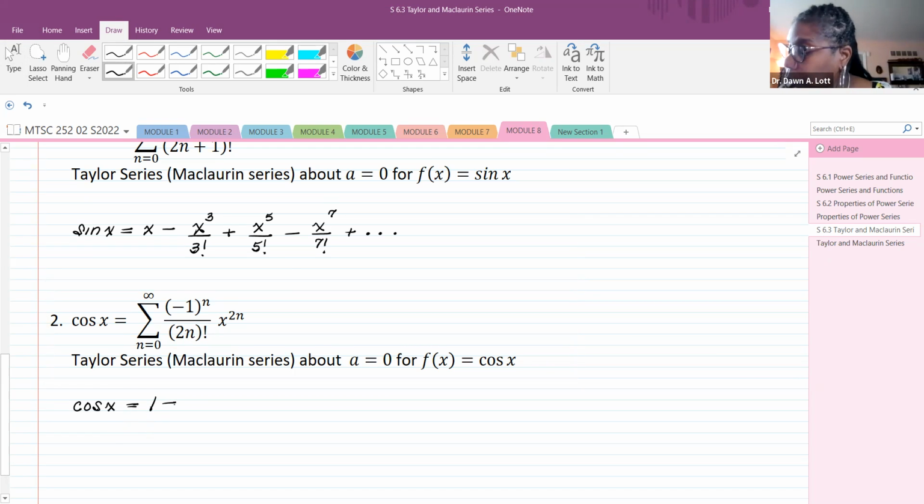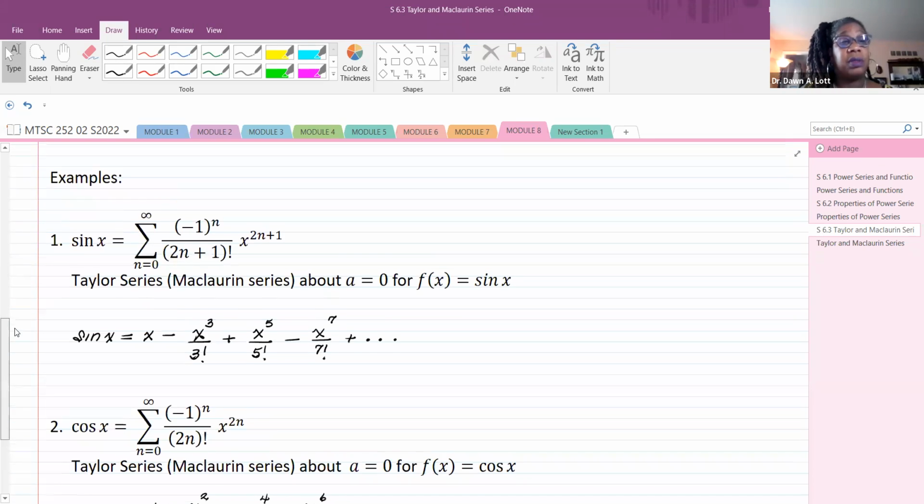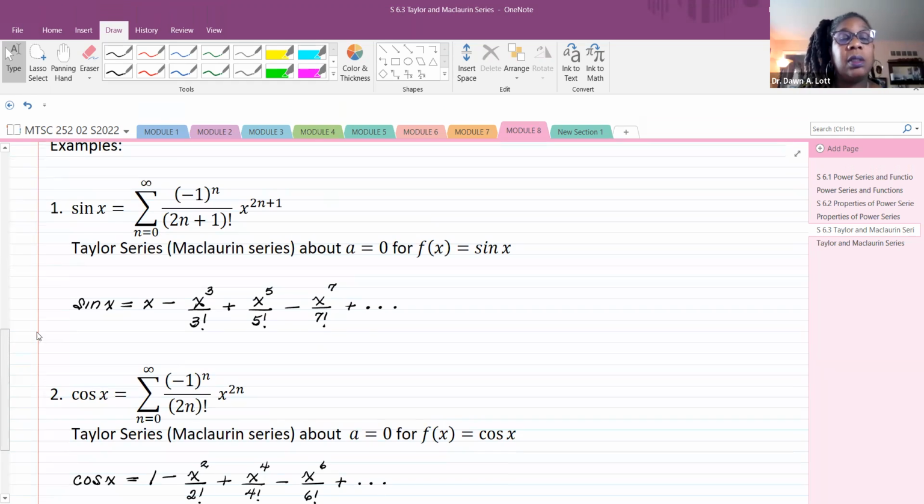And then these are also going to alternate in sign, but these are all the even powers: x squared over 2 factorial, plus x to the 4th over 4 factorial, minus x to the 6th over 6 factorial, plus dot, dot, dot. Okay, so now you've been given 2 examples of Taylor series, and specifically Maclaurin series, for the sine and for the cosine.